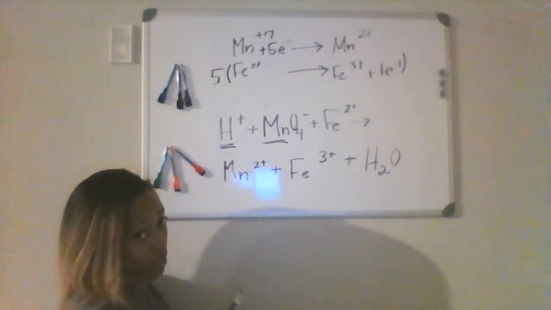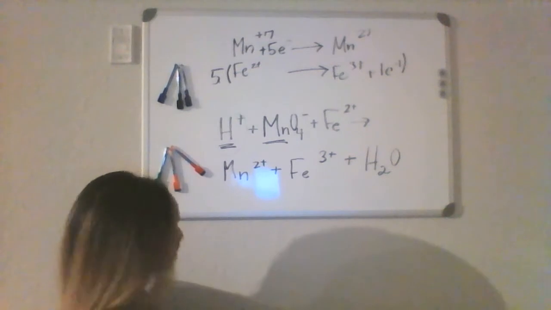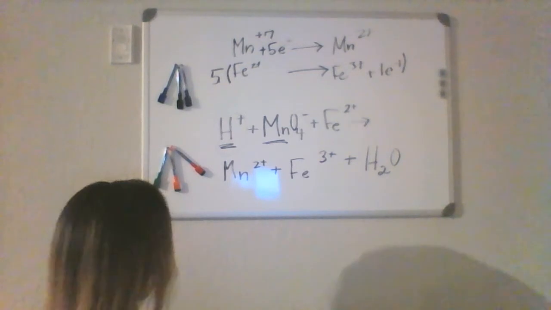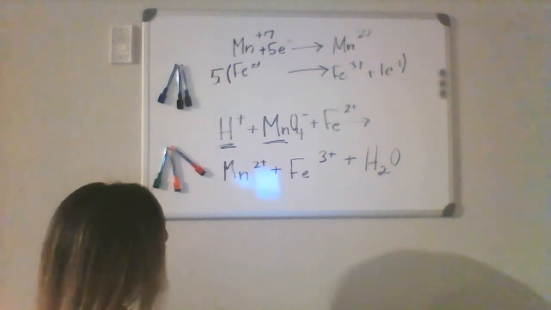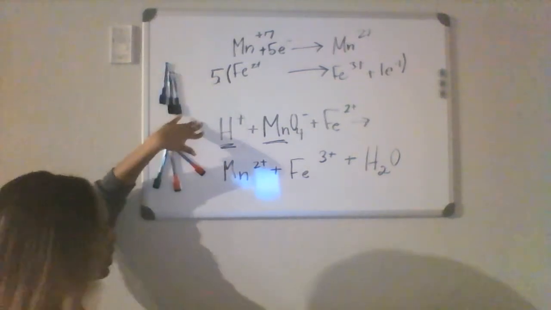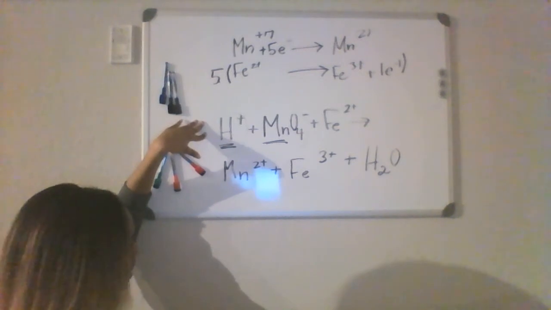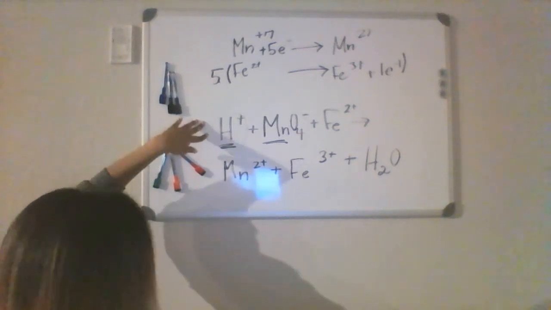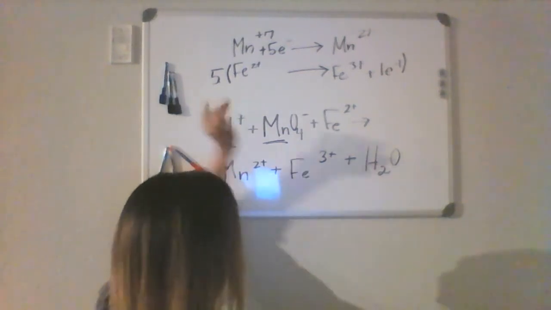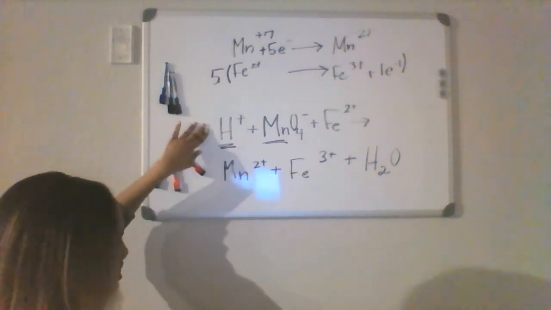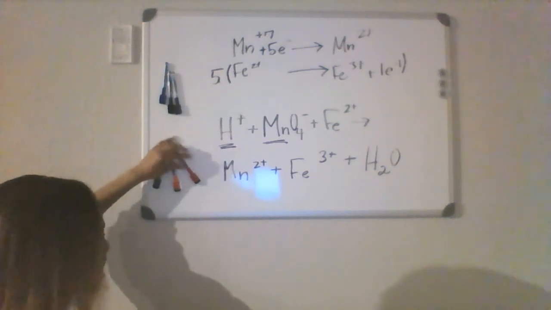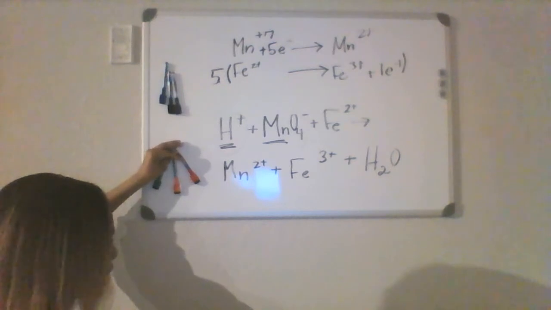All right? And so now that we're doing this acidic environment, we see that, actually, now we need to balance the oxygens. And the way you balance the oxygens is just by adding water, okay?